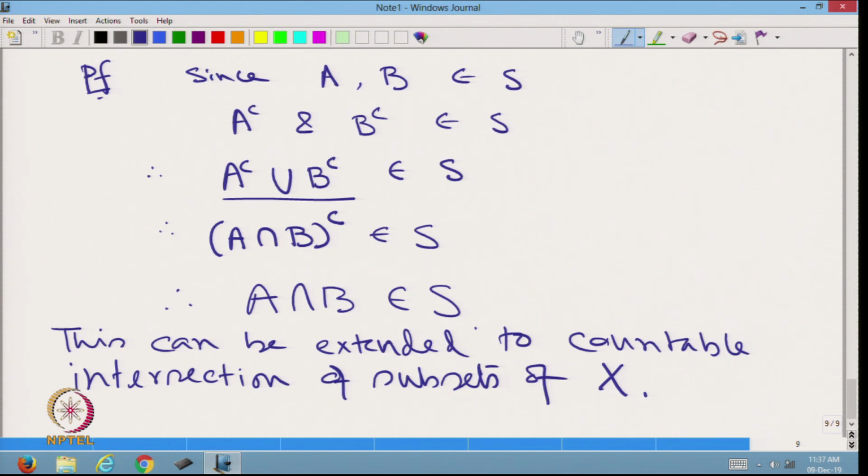That is, if A1, A2, A3, up to An, n going to infinity, is a collection of subsets of X which belong to S, then the countable intersection also belongs to S.